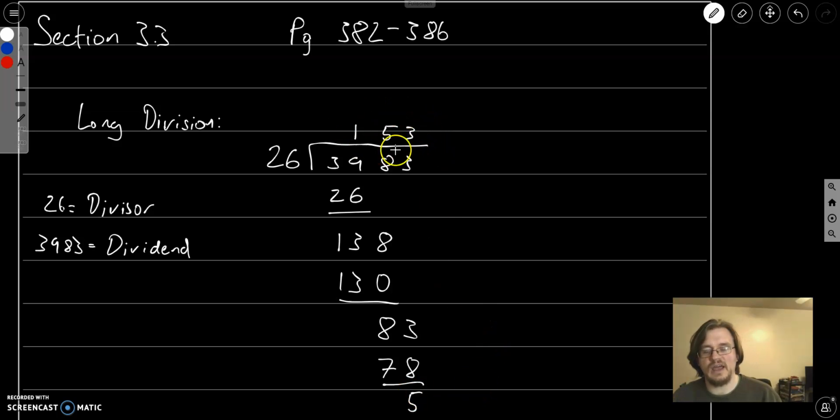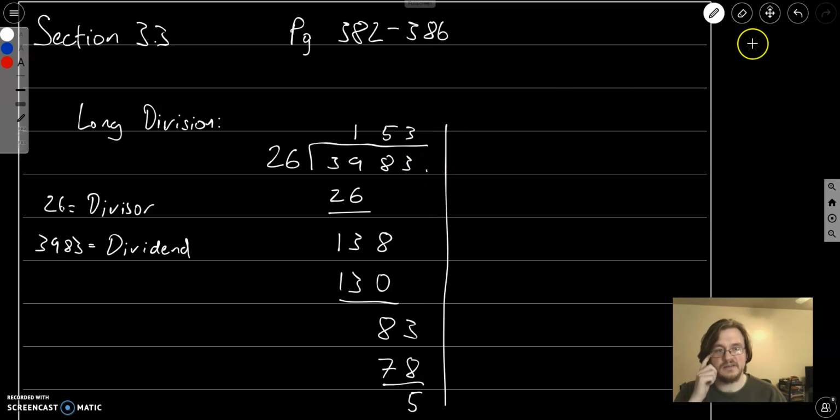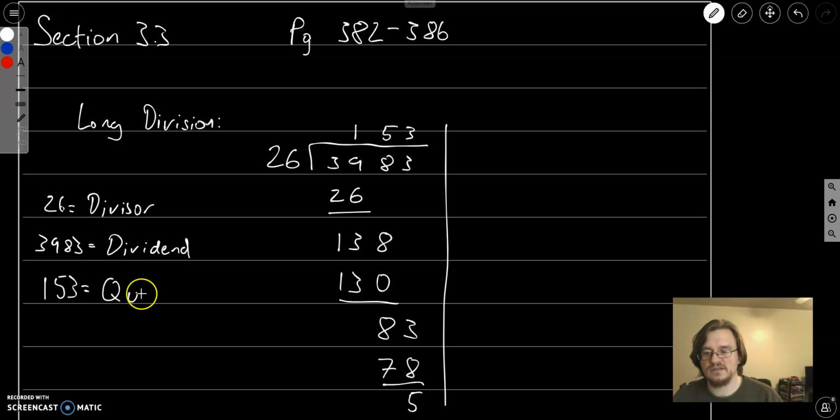So after all is said and done, I've run out of things to divide here. I've reached the end of my number. So 153, this is the quotient, but we had a remainder of 5.